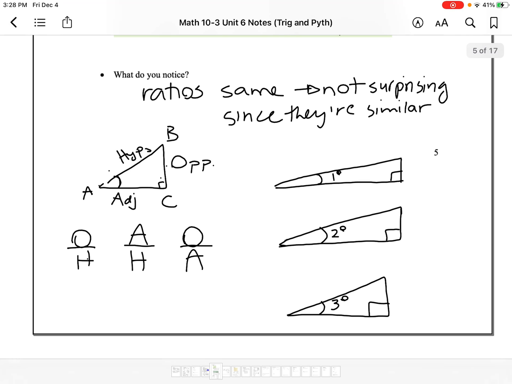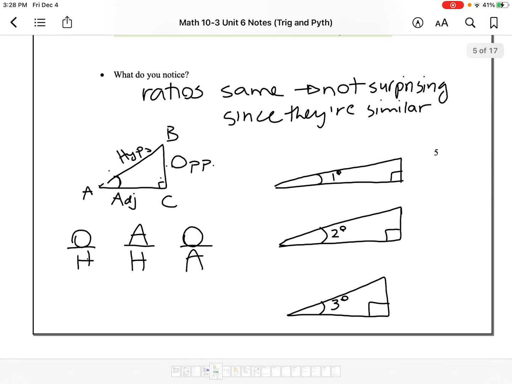So we have a picture right here of a triangle ABC, and we also talked about the way that we label these triangles. We sort of label them the same way that we did with Pythagoras because the hypotenuse is always the hypotenuse, but we introduced these new words called opposite and adjacent, and we used those words to describe, when we're looking at one of the non-right angles, the other two sides.